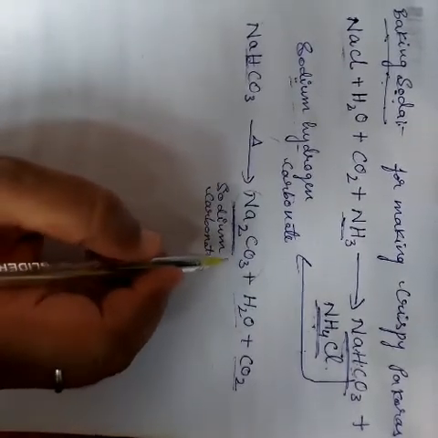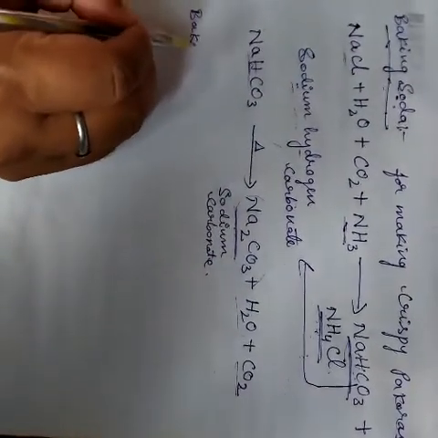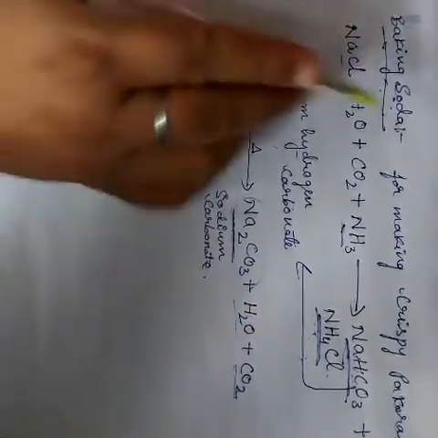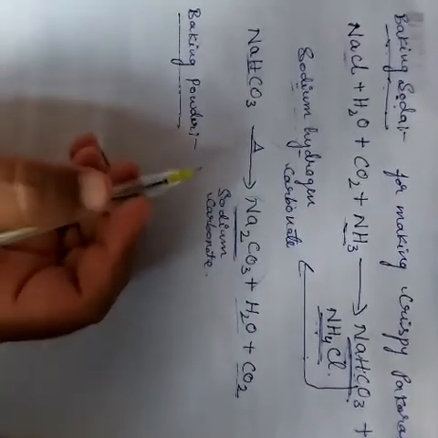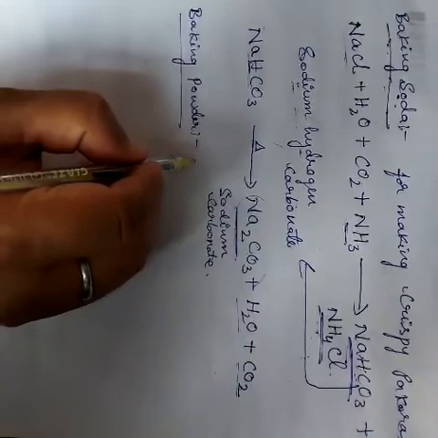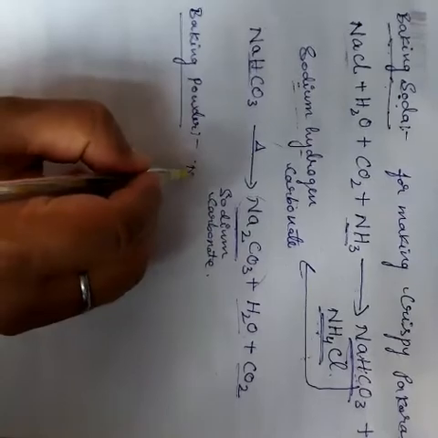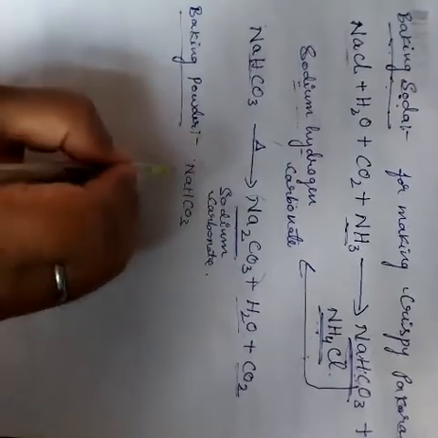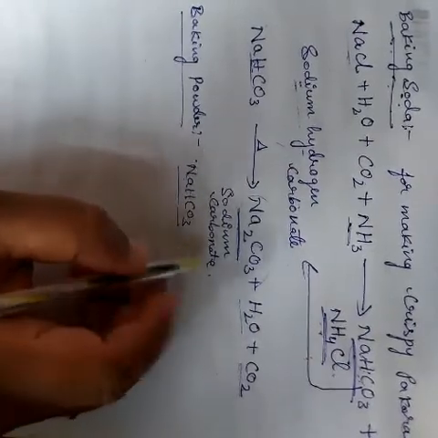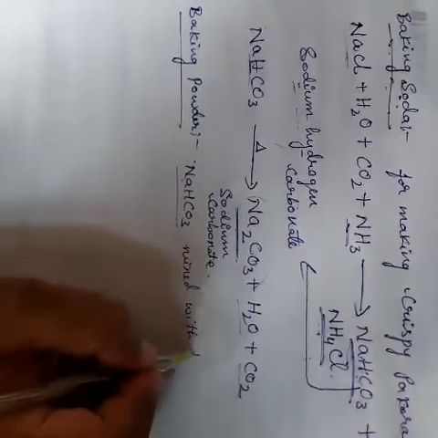Okay, next, you know that baking powder is different. Baking soda is different and baking powder is different. How does it differ? For making baking powder, baking soda, that is sodium hydrogen carbonate, is mixed with tartaric acid.